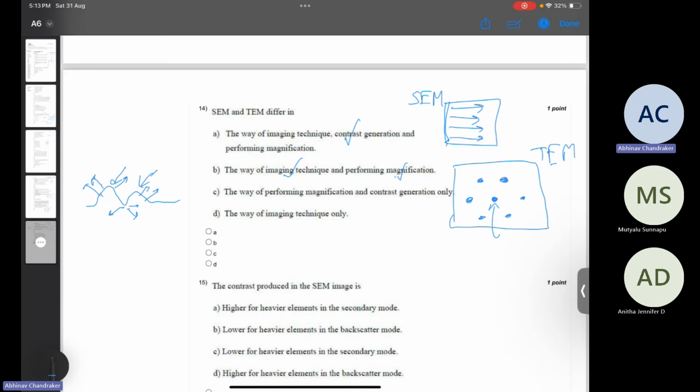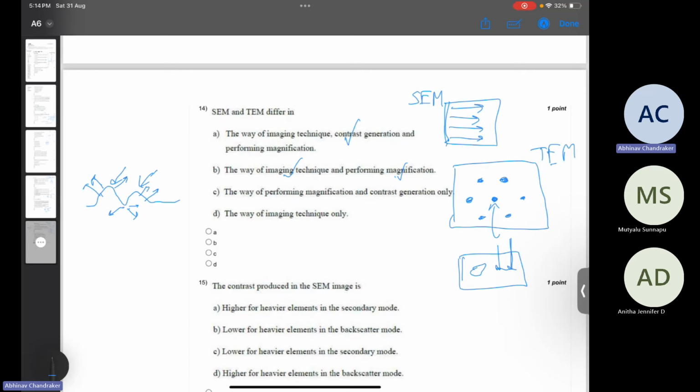But in TEM, the contrast generation occurs because some features in the specimen are of a higher atomic number, or there are some defects in the crystal, right? So at those defects the interaction will be different.